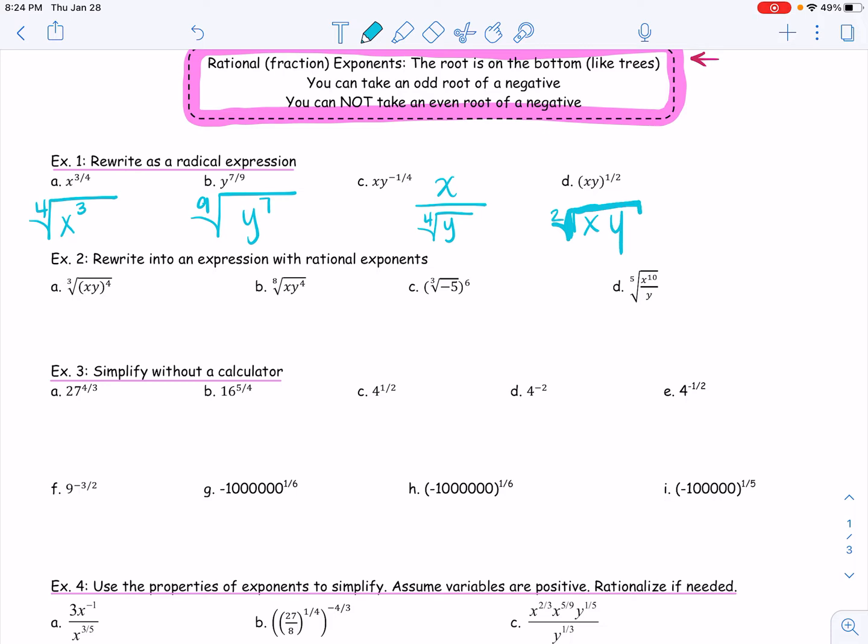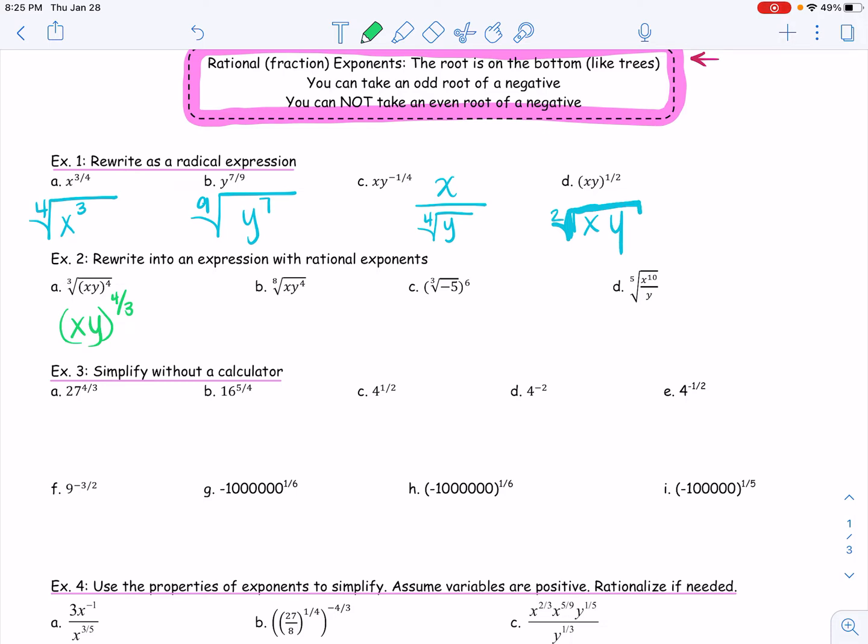So for A, I know both x and y, let me change my color, both x and y are being raised to the 4/3 power. Both x and y are being raised to that 4/3 power. In B, notice that the xy is not in parentheses.